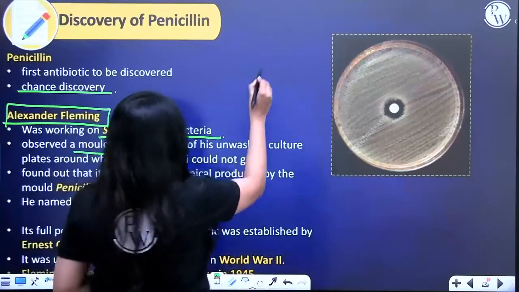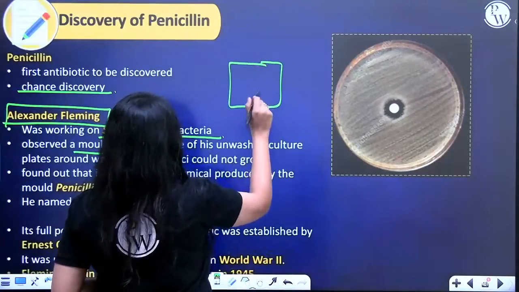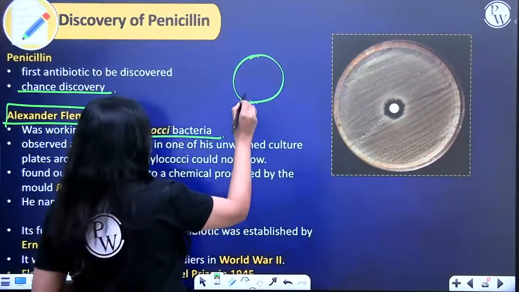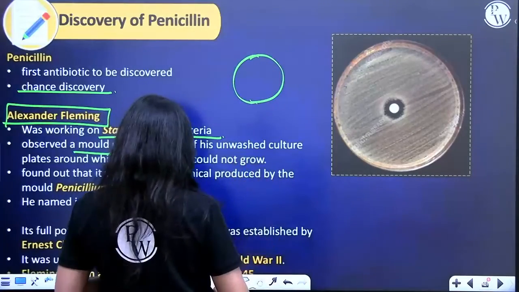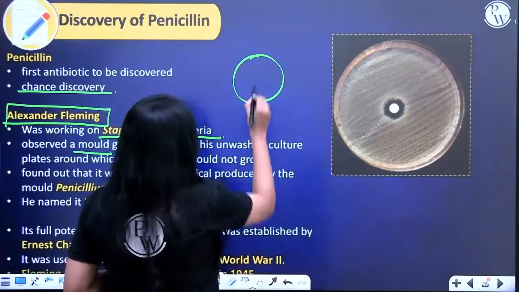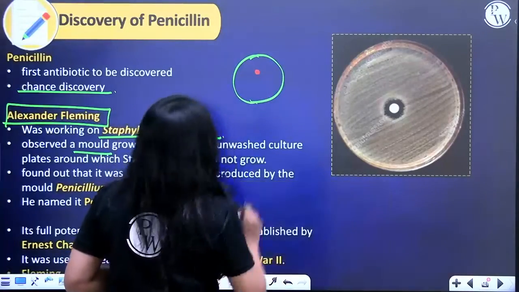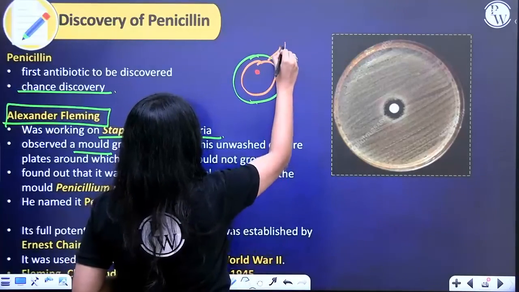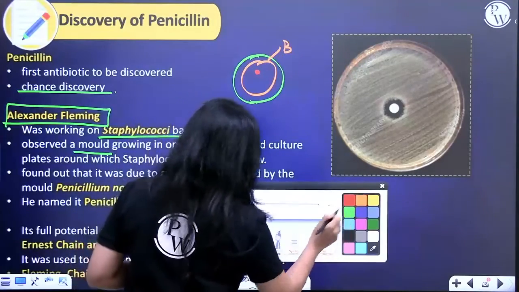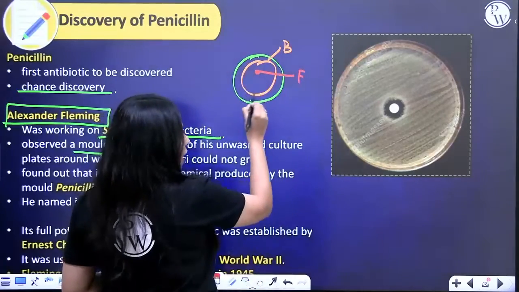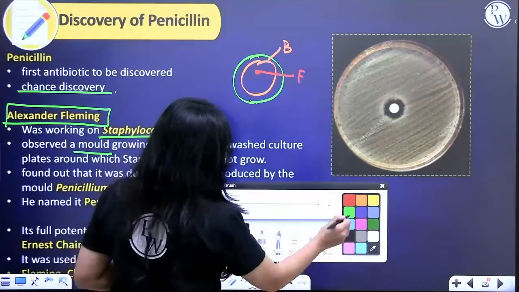So if this is the petri plate, he's growing Staphylococcus in it. There is a mold that is contaminating it. This is the bacteria, this is the fungus. Around this fungus, the bacteria would not grow.